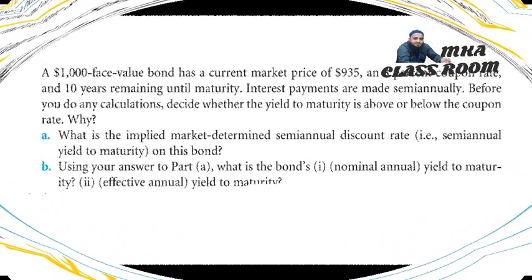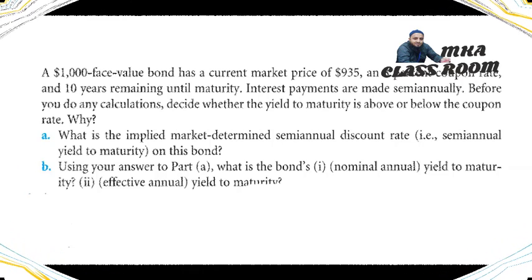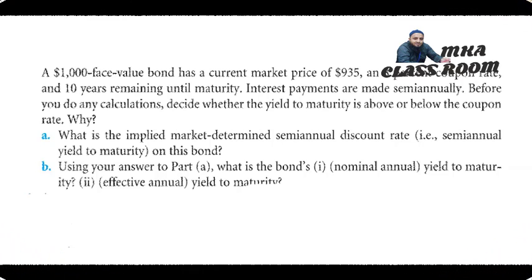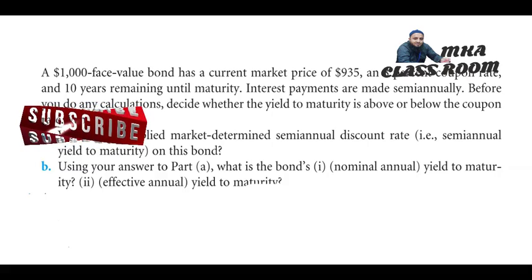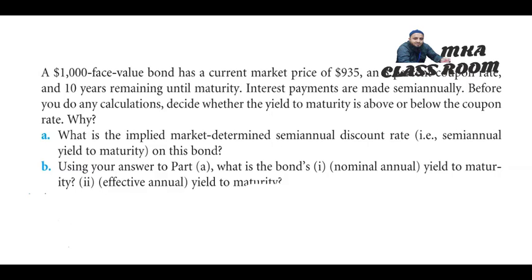Again we will see another example. A $100 or 100 taka face value bond has a current market price of 935 and 8% coupon rate, and 10 years remaining until maturity. Interest payments are made semi-annually.